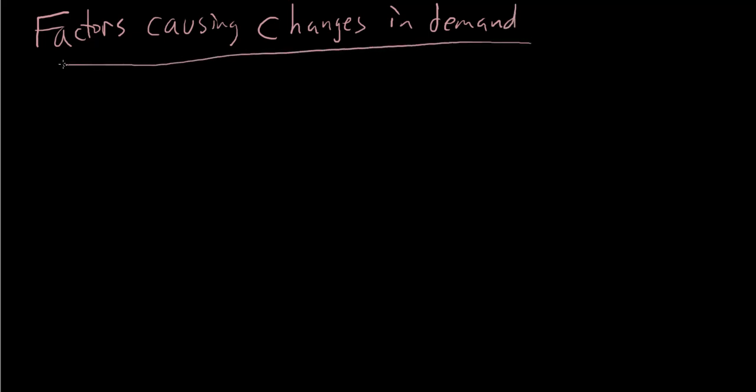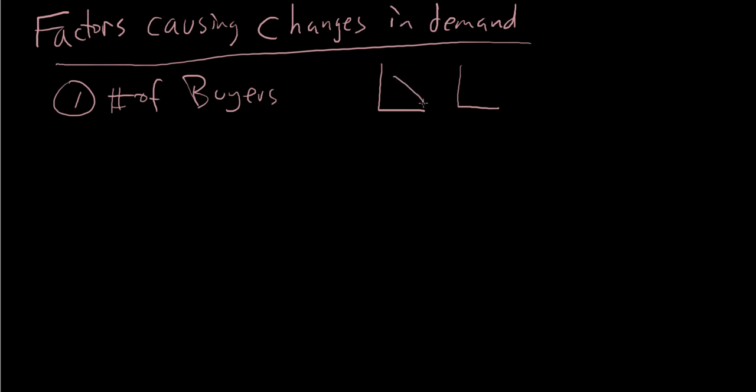There are many factors, but one obvious thing is the number of buyers. And this is obvious, right? We talked about how we add the two demand curves, D1 and D2, to get the market demand, right? So we're adding them together, D1 plus D2.